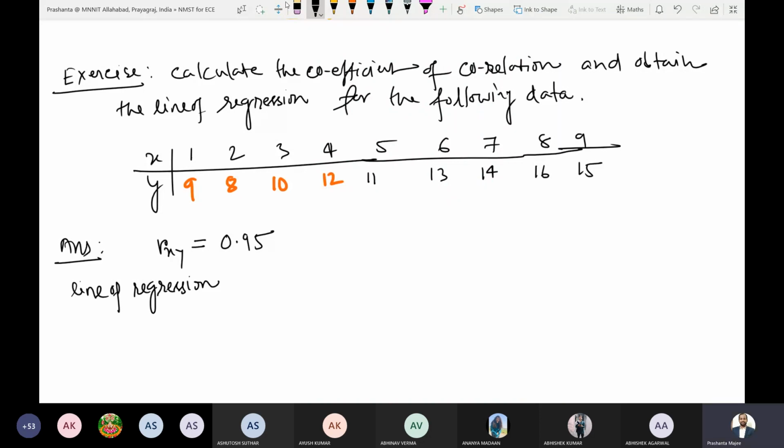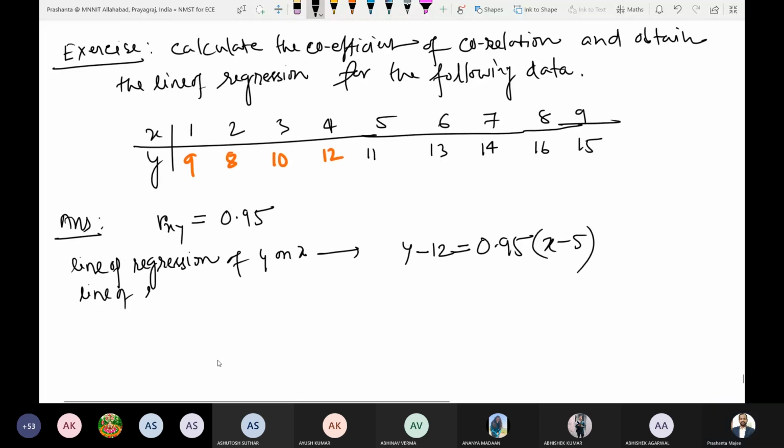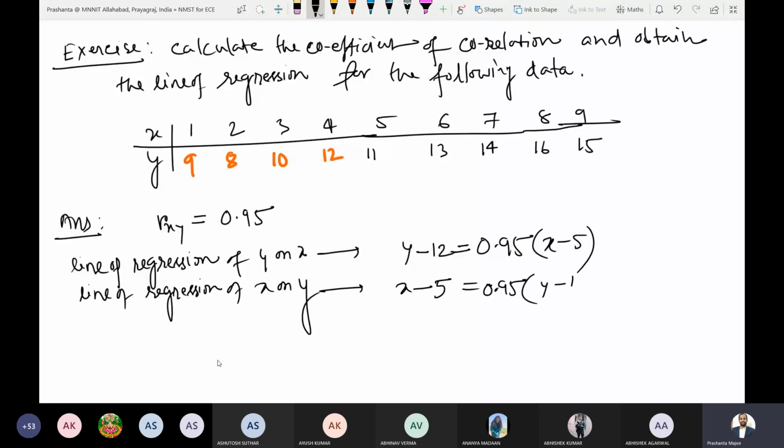The line of regression of y on x will be y minus 12 equals 0.95 into x minus 5. That is the line of regression of y on x, and the line of regression of x on y will be given by x minus 5 equals 0.95 into y minus 12.